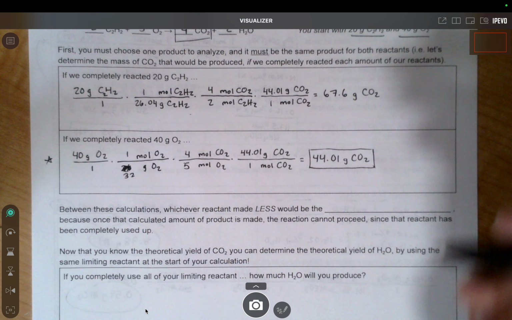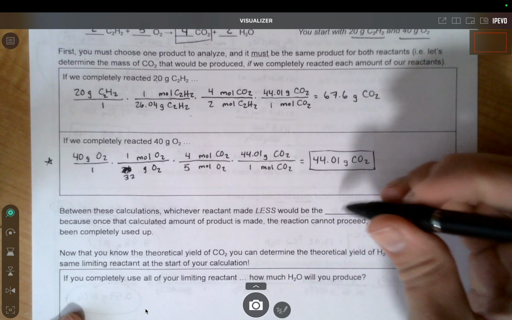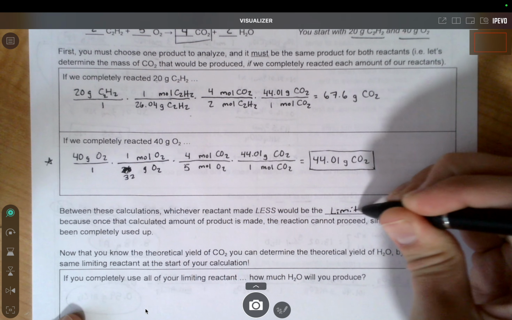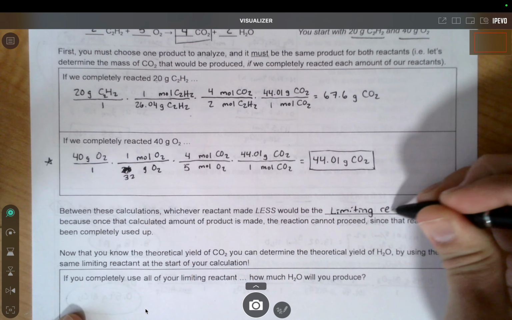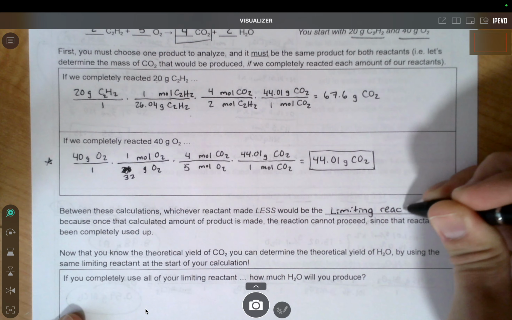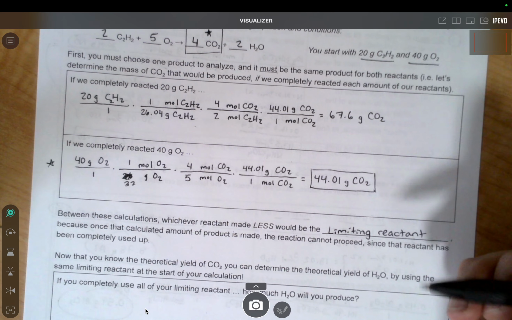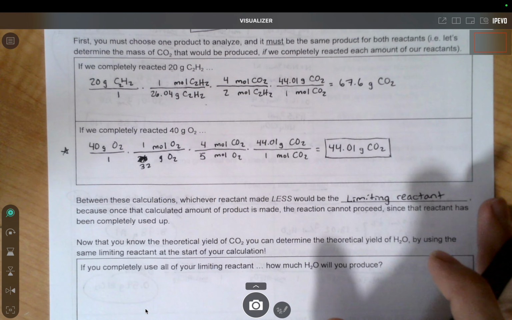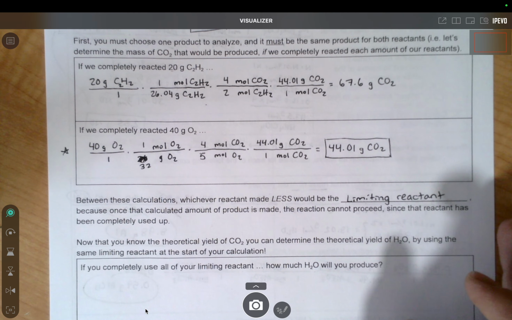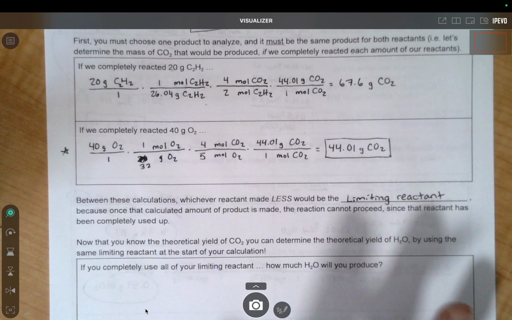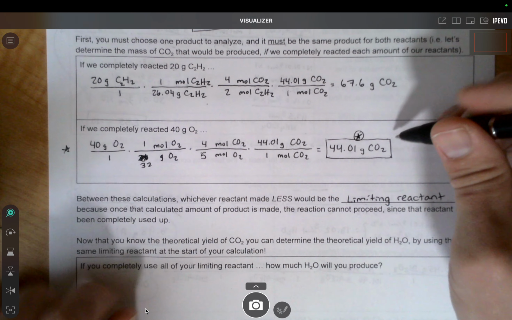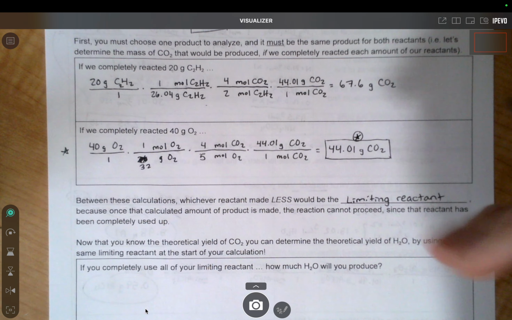Between these calculations, whichever reactant made less would be the limiting reactant. For the same reason we saw in the pancake examples, for the same reason we saw in all those extra calculations, oxygen is simply going to run out first. So we know the theoretical yield of CO2. This is the best we could theoretically do. By the time we run out of oxygen, this is the theoretical maximum that we could achieve.